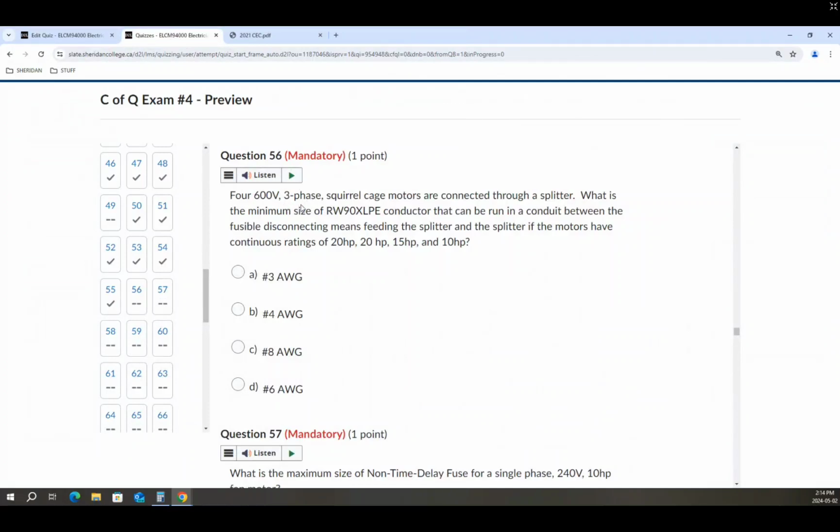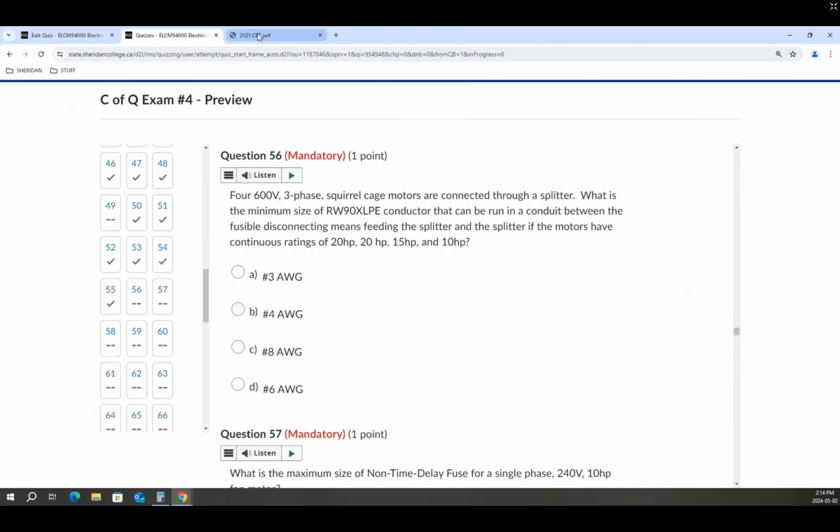Okay, 56. 4 600 volt three-phase squirrel cage motors are connected through a splitter. What's the minimum size of RW90 conductor that can be run in a conduit between the fusible disconnecting means feeding the splitter and the splitter if the motors have continuous ratings of 20, 20, 15, and 10.